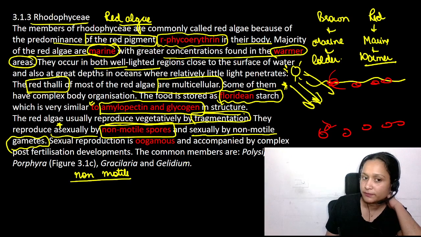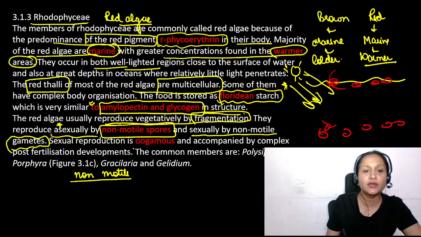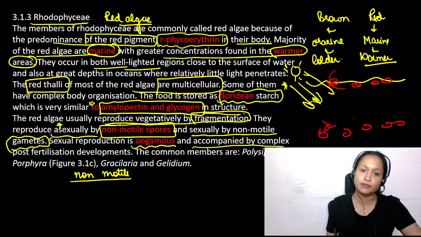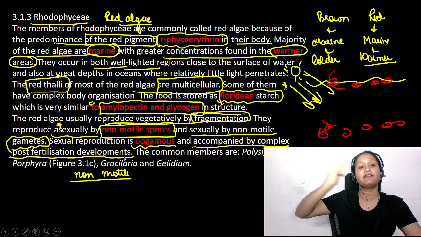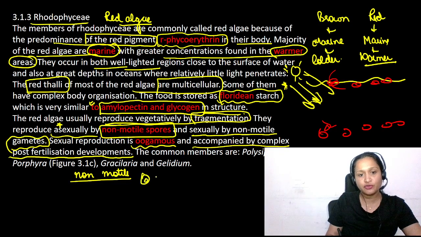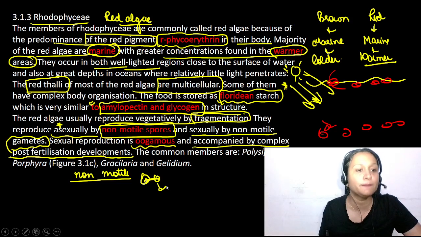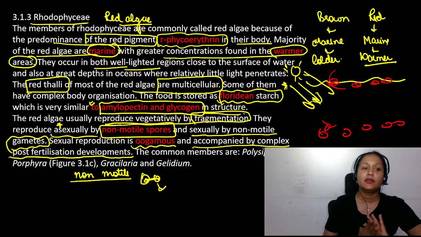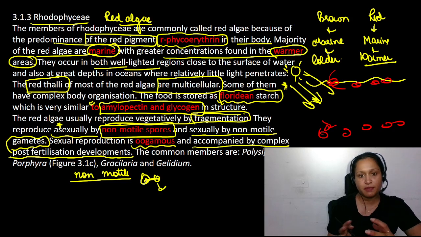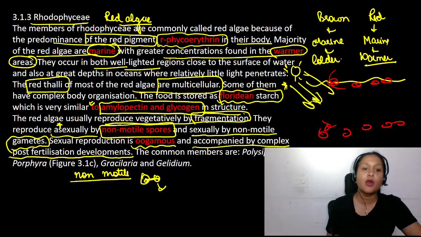Very, very important: sexual reproduction is of oogamous type, accompanied by complex post-fertilization development. After fertilization, when both the gametes fuse, the development is considered post-fertilization development, and here it is very complex.